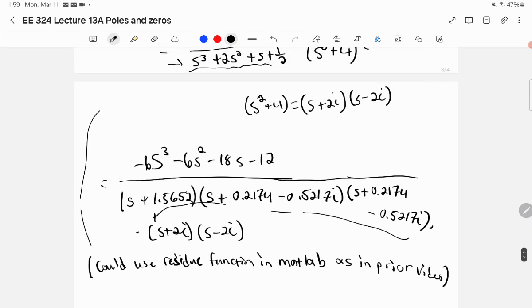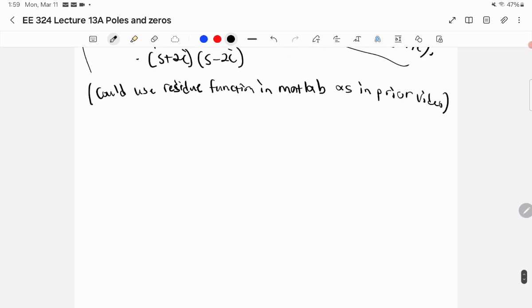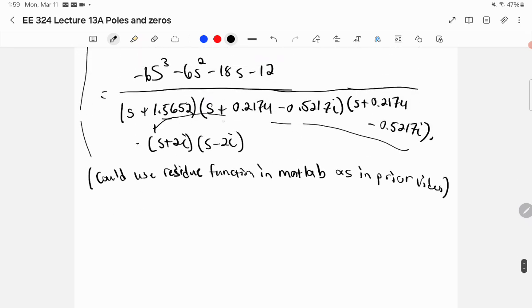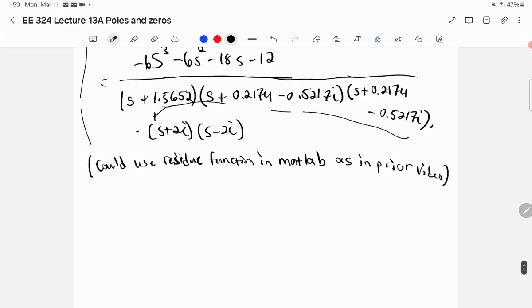I'm not going to bother with that because that's not what I'm curious about at the moment. I really am curious about these terms and what they tell me. So since we have complex poles, notice that this means it's going to look something like this.